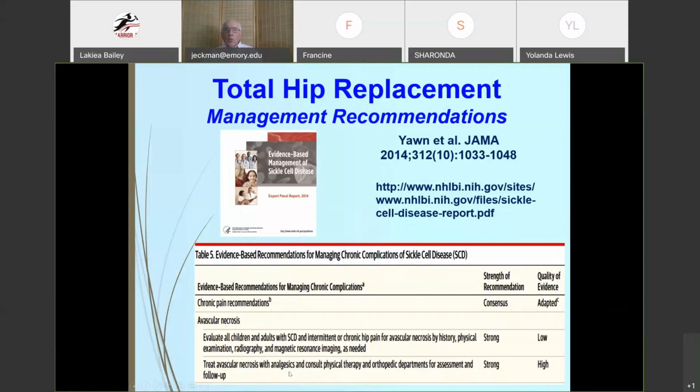Avascular necrosis is treated with analgesics. You consult physical therapy and the orthopedic departments for assessment and follow-up because the physical therapy is so important. And you want an orthopedic surgeon on the team in case surgery is necessary.